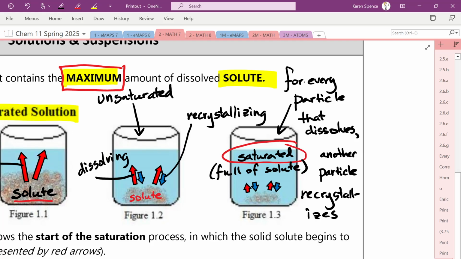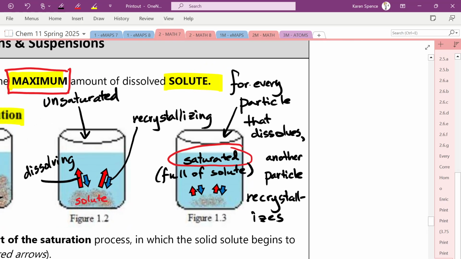And you'll notice, what about the size of the red and the blue arrows? They are the same. It means that for every particle that dissolves, the solution is now full. Another one has to recrystallize.